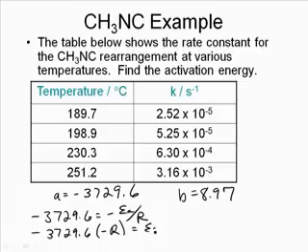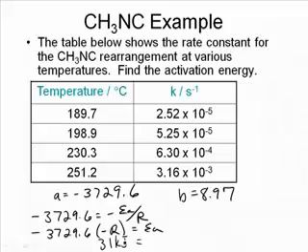R is 8.3145. So minus 3729.6 times minus 8.3145, I'm getting an activation energy of about 31 kilojoules, right around there.